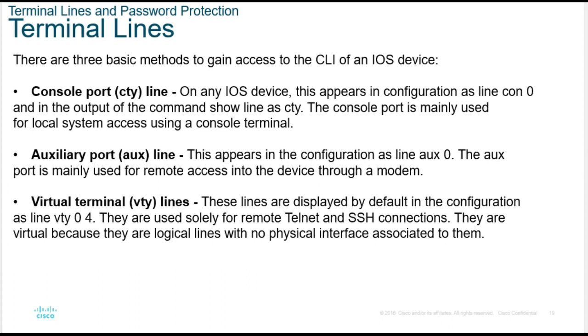The first one is through the direct physical connection using the console line. The next one is by remote connection. Yang ni kita gunakan auxiliary port ataupun the virtual line. So the virtual line or virtual terminal is used specifically for Telnet and SSH connections.